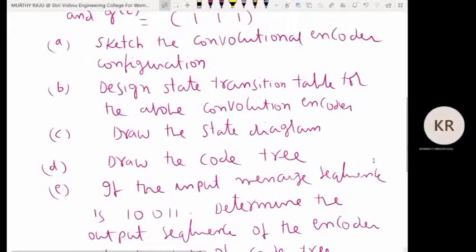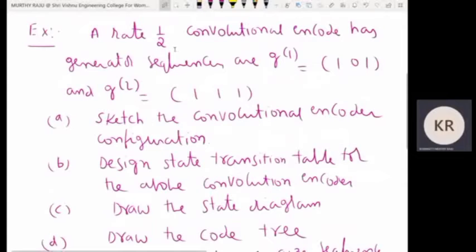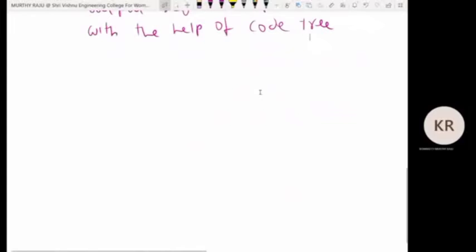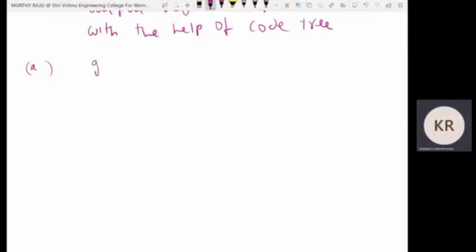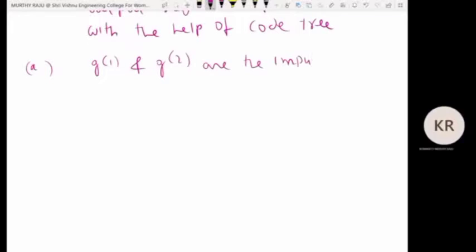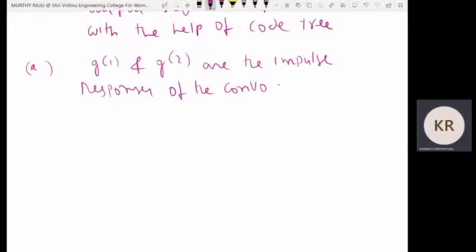First one is sketch. A rate 1/2 convolutional encoder has the generator sequences G of 1 is equal to 1, 0, 1 and G of 2 is equal to 1, 1, 1. Generally G of 1 and G of 2 are the impulse responses of the convolutional encoder.